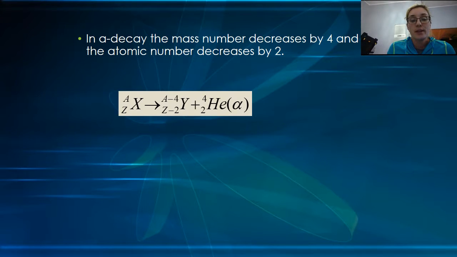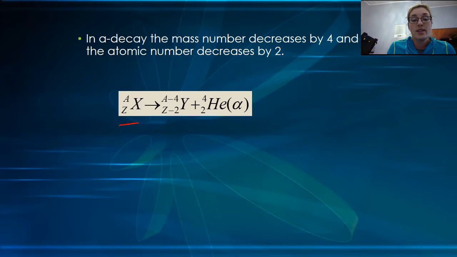So here we have what it would be written as a chemical formula. Over on this side of the equation, we've got what's called the parent nucleus, and it has its mass number and its atomic number.